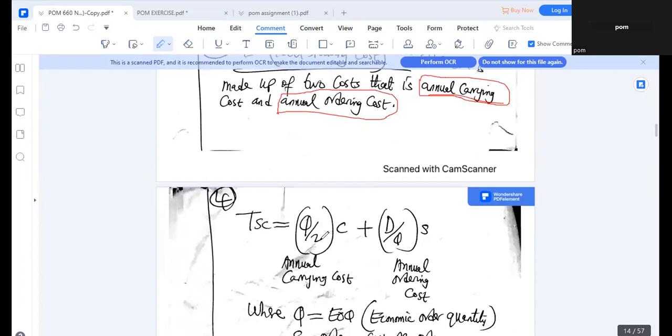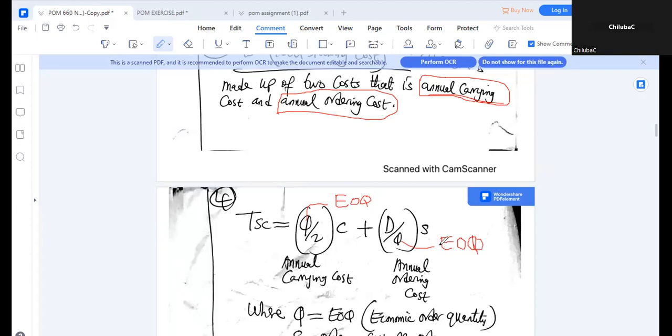And this Q is our EOQ, the one we have calculated using the formula, our economic order quantity.